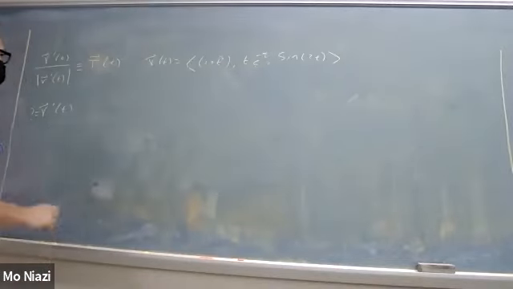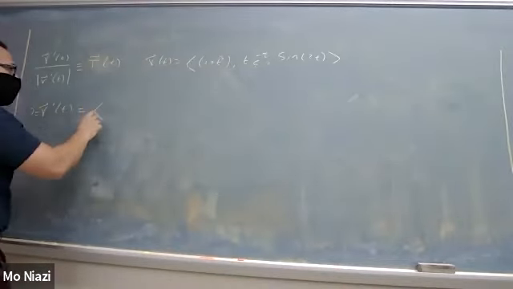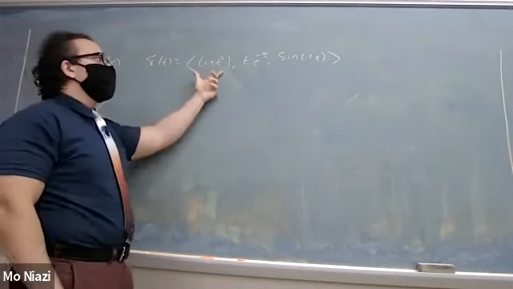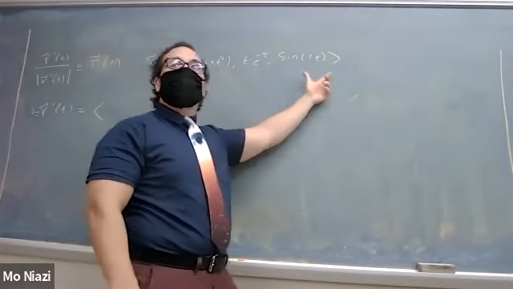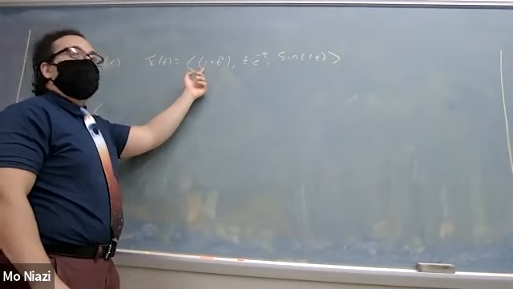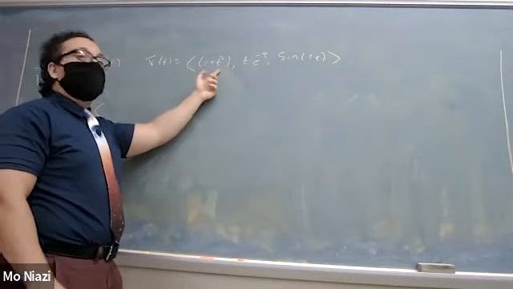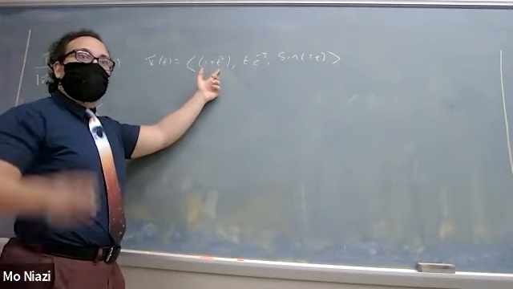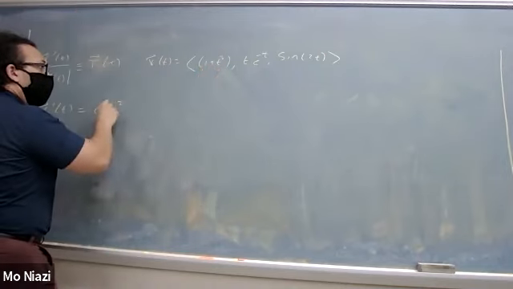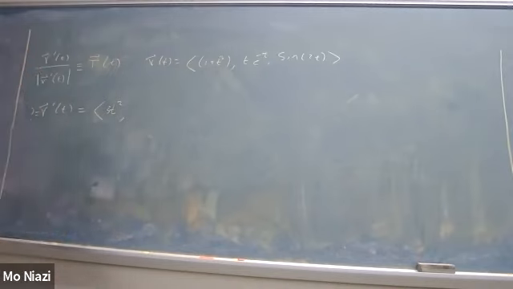You guys are very astute at taking derivatives already. Just treat each of these components as a function and take d/dt of that function each time. The derivative of 1 is 0 because it's a constant. The derivative of t cubed is, you bring the 3 down, 3t squared.